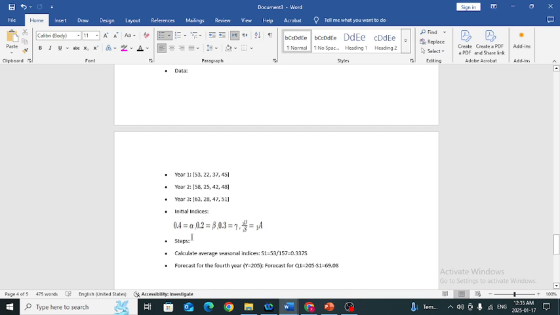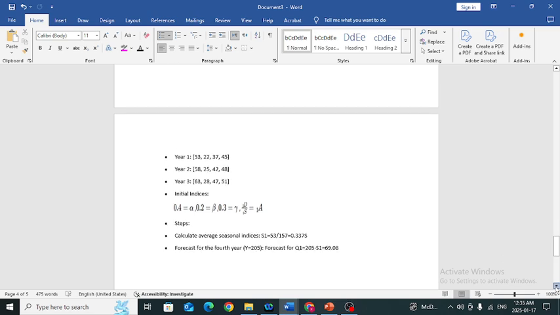Initially, we assume that alpha is 0.4, beta is 0.2, and gamma is 0.3, and A1 is D1 divided by S1.